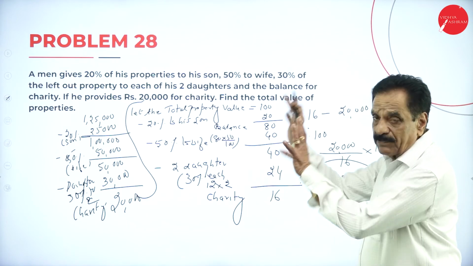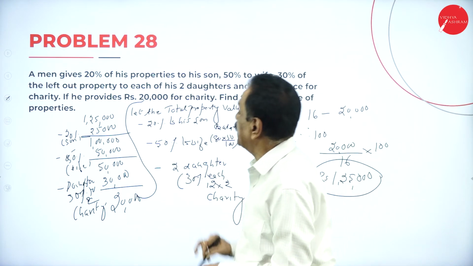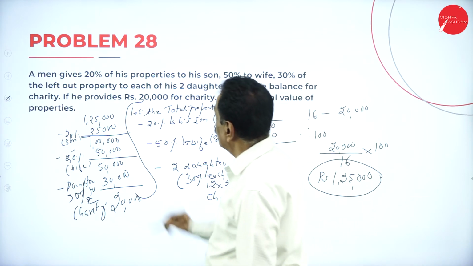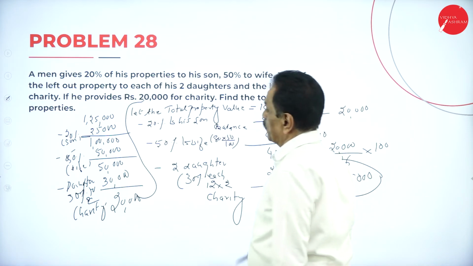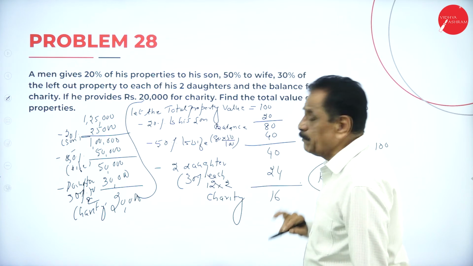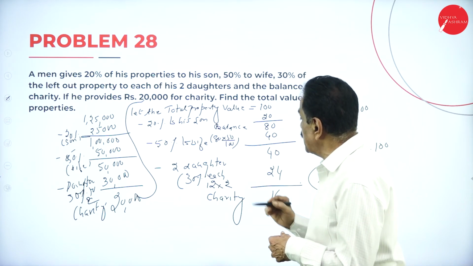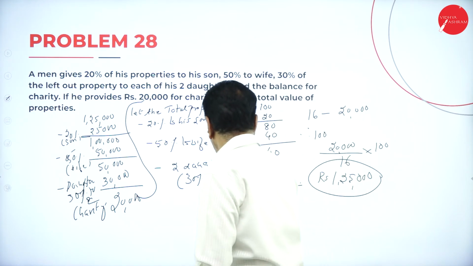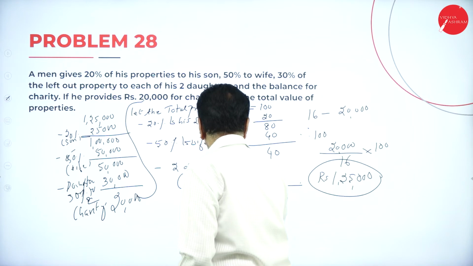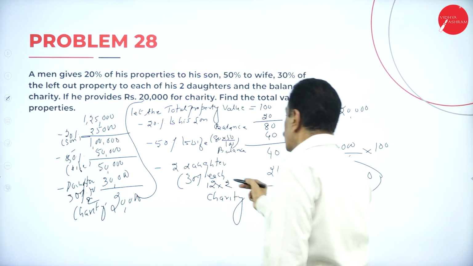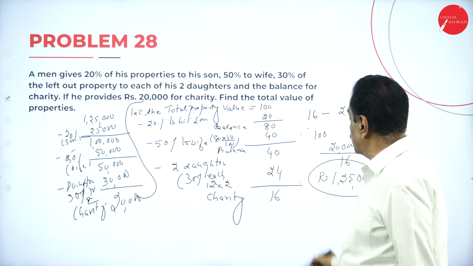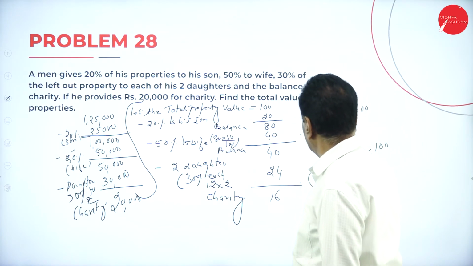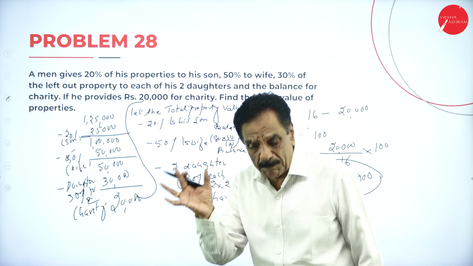Hope you arrive at these figures, whatever 20,000 has been arrived. I'll repeat now. 100, 20% to son, balance is 80. 50% of 80 is 40. For 2 daughters, 30% each means 24. Balance is 16. 16 is equal to 20,000, so 100 is 1,25,000, the total value of the property.